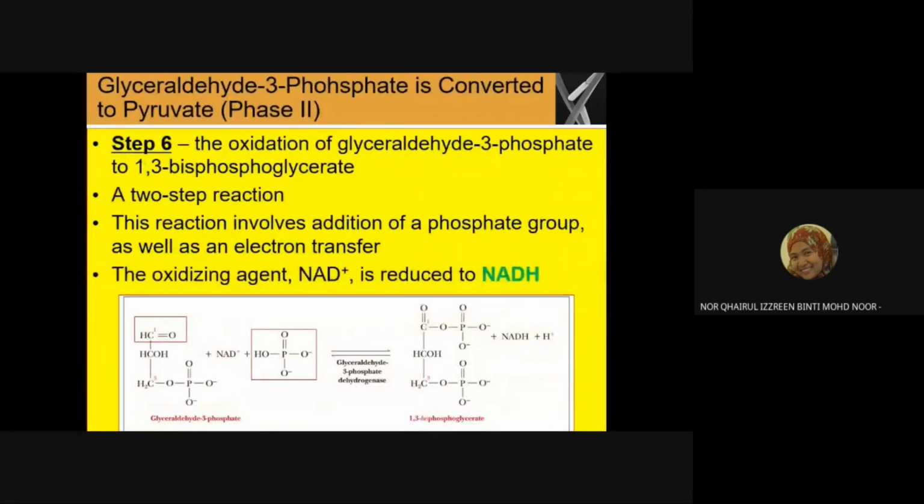For the second stage, step number 6 is the oxidation of glyceraldehyde 3-phosphate to 1,3-bisphosphoglycerate. It involves 2 reactions: addition of a phosphate group together with electron transfer, where NAD plus is reduced to NADH.